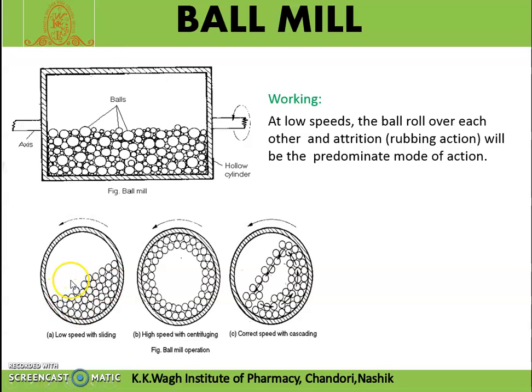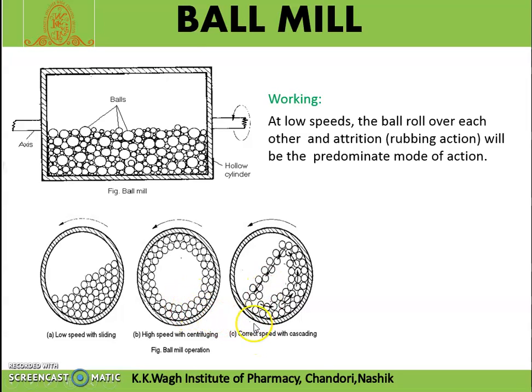When the machine is at low speed, what happens? The balls are not rolled, the mixing is not properly done, and the particle size cannot be broken down properly. When we have a high speed, there is only round and round movement of the balls, but no size reduction mechanism happens.